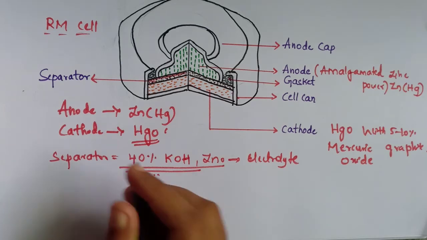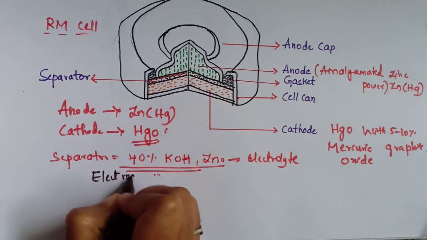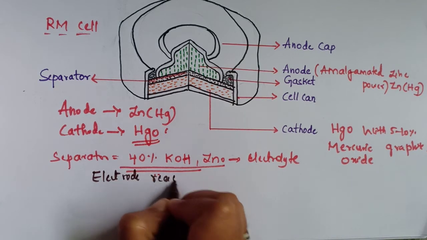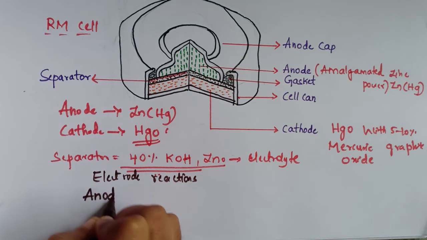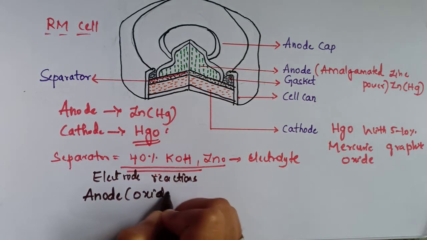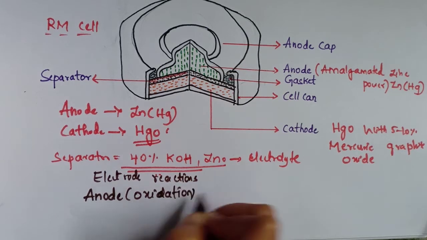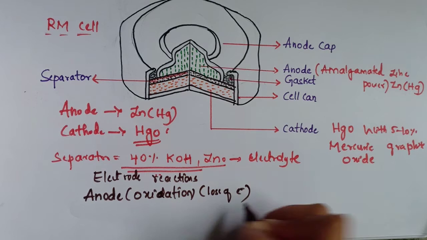Now let's write the electrode reactions. First of all, at the anode. Here at the anode, oxidation happens, that means loss of electrons takes place.